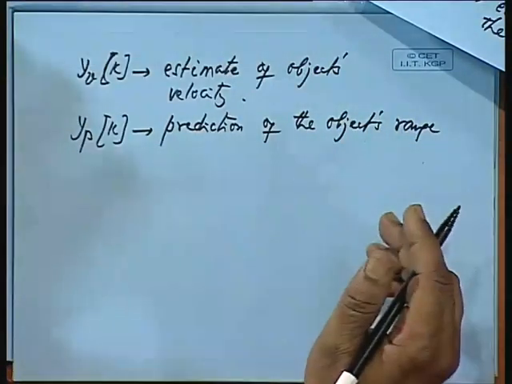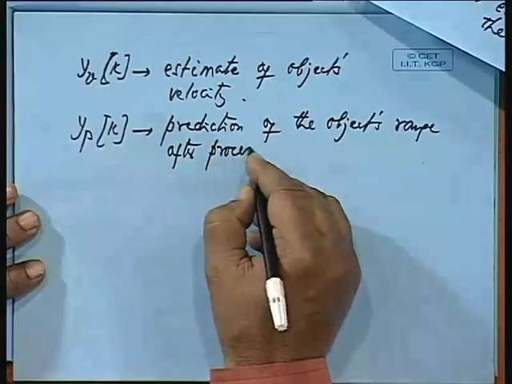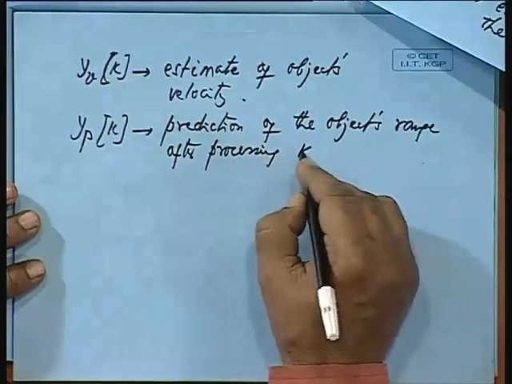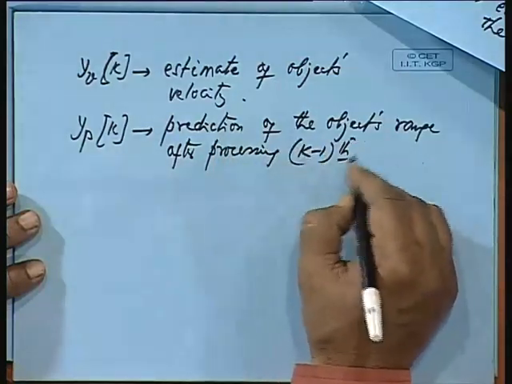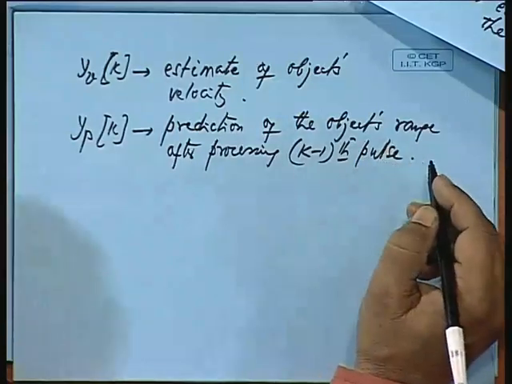Whenever you are making a prediction, prediction is based on the previous measurements. So, after processing the k minus 1th pulse, on the basis of k minus 1 readings, you make a forecast, you make a prediction of what will be its position at the kth instant, and you have made an actual measurement.